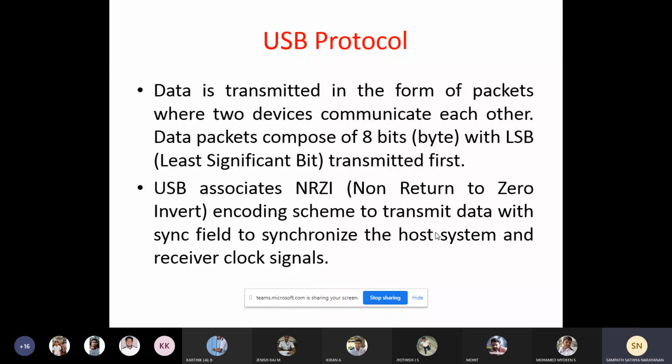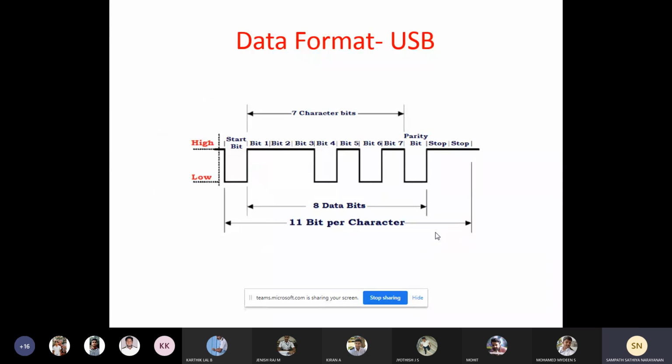We'll see the data format of how USB supports packet data transmission. This non-return to zero inverted coding scheme synchronizes the host system and the receiver clock signals. So the data format in USB will be like this. Non-return to zero inverted coding scheme is represented.